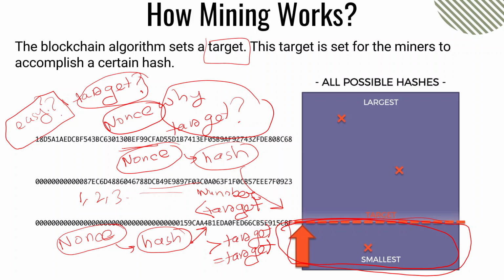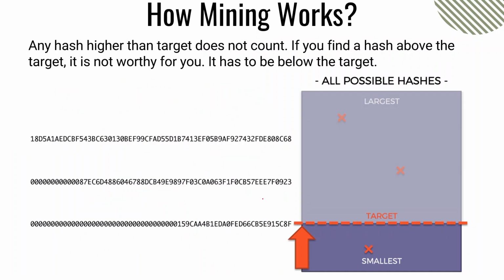If the generated hash value is less than or equal to the target, then he is considered the winner, or he has found the block, or he has successfully mined a block. Any hash higher than the target does not count. If you find a hash above the target, it is not worthy for you.